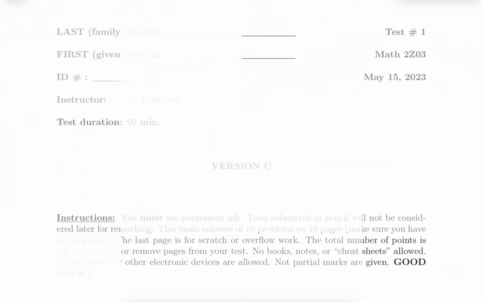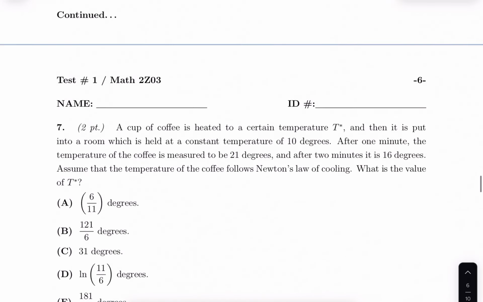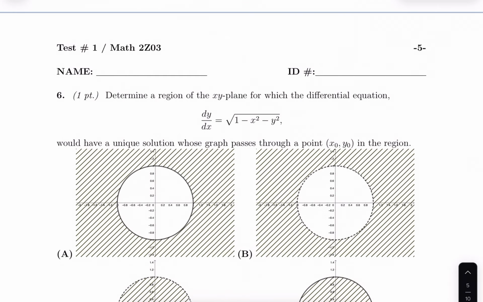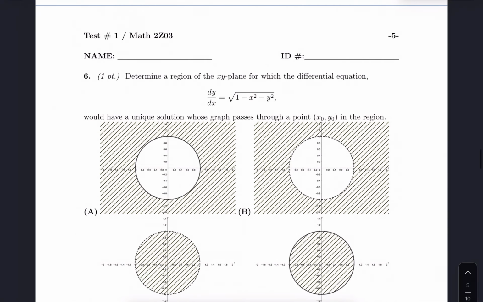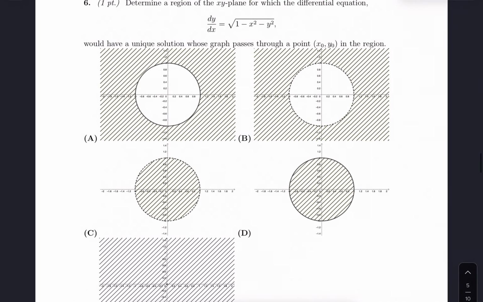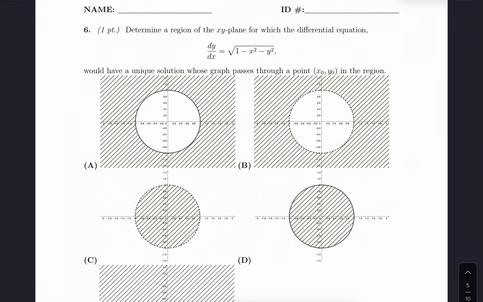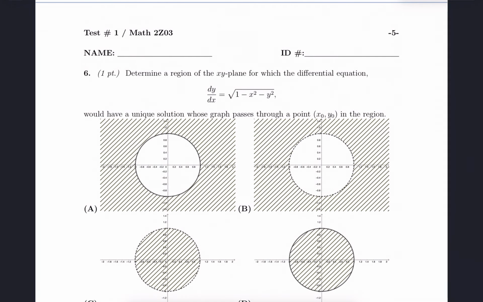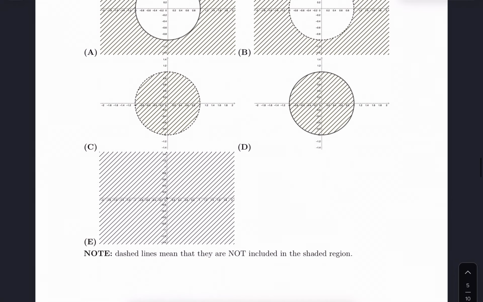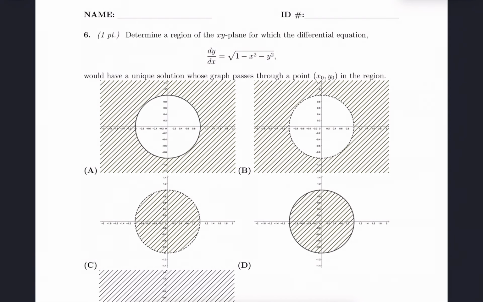Okay, amazing. So the question that I'm talking about specifically is a good problem for problem recognition. Now, most people, from what I've seen, look at this question, see a bunch of graphs that all kind of look similar, and wonder what to do. They're presenting you with this differential equation, and they're asking you on the xy plane where it would have a unique solution, or passes through the point, and so on.